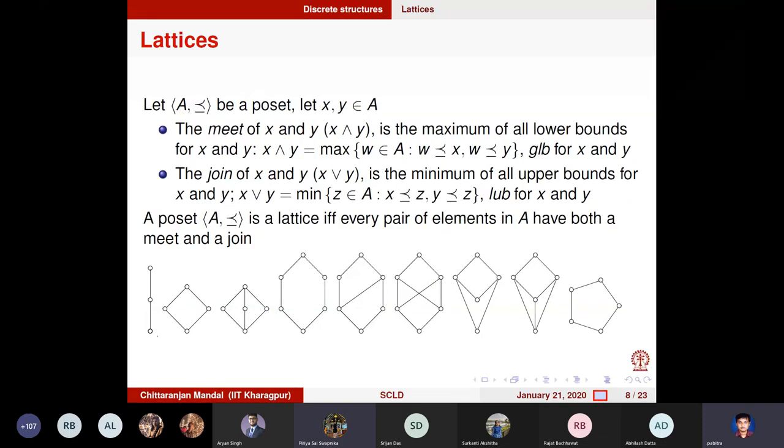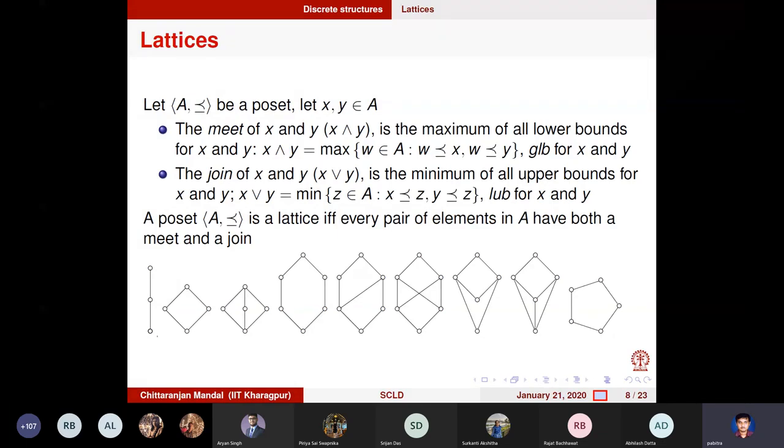Let me tell you, if there are two nodes which belong to a single chain, then we need not bother, because they are all comparable to each other. The only pairs we should look at are those where the elements forming the pair are not comparable.